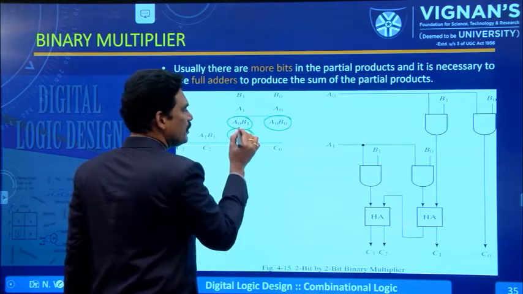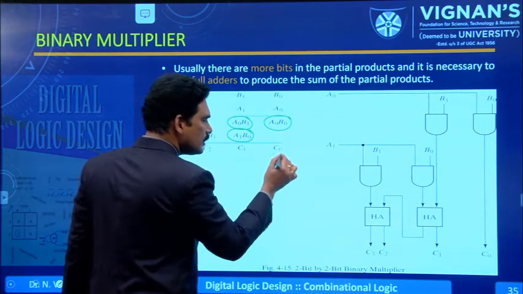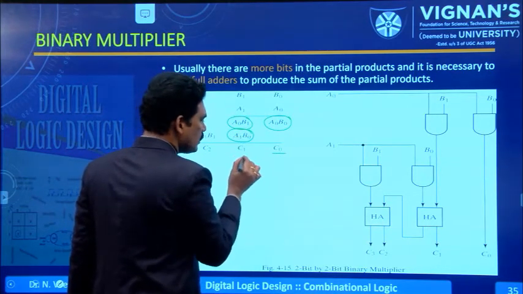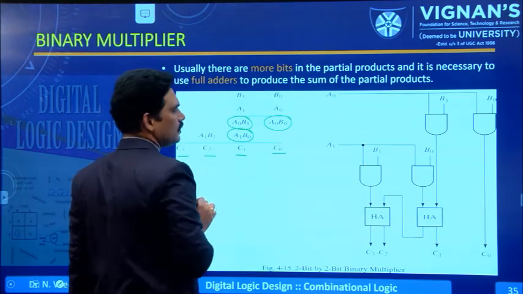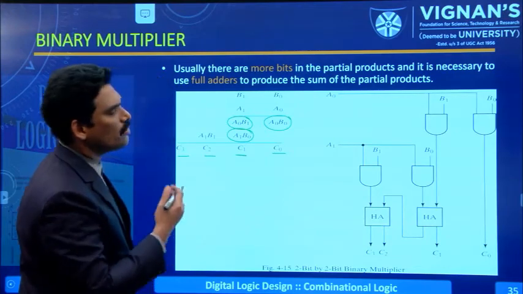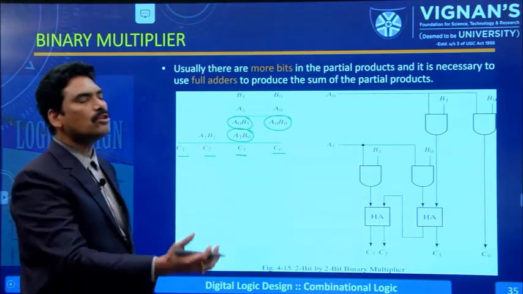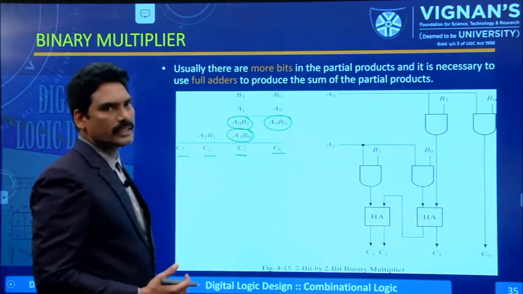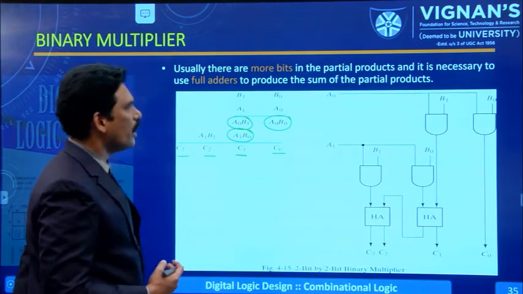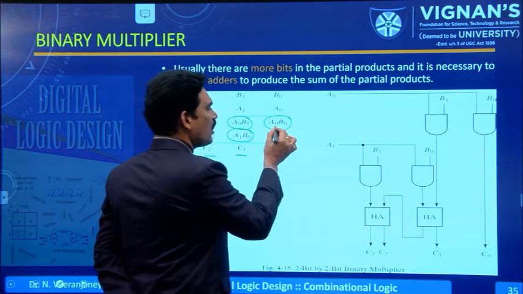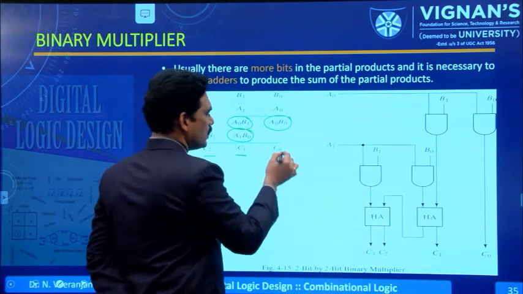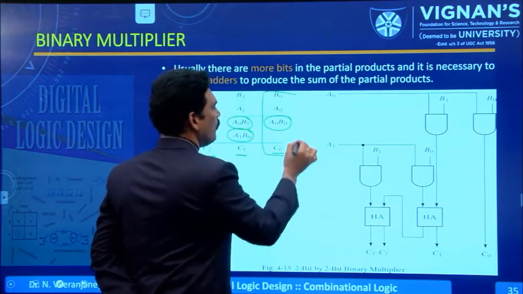Now, the result here is C0, the addition is C1 and this is C2. If we get any carry, this is C3. Now, we are going to design a circuit for this. See how to design a circuit for this. First, what we have to do? We have to take A0, B0 and one AND gate. That is C0.